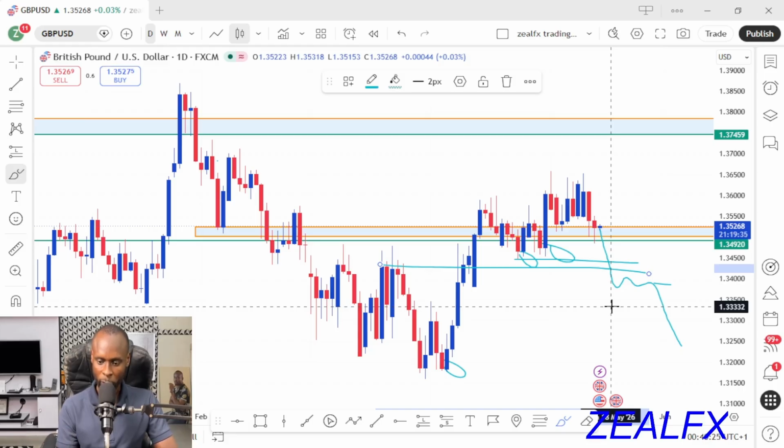So don't forget to always make use of top-down analysis to have good confirmation of a trade plan before executing. So always confirm your trade plan from the higher time frame to create good confirmation and also synergy for your trade before executing on any pair.